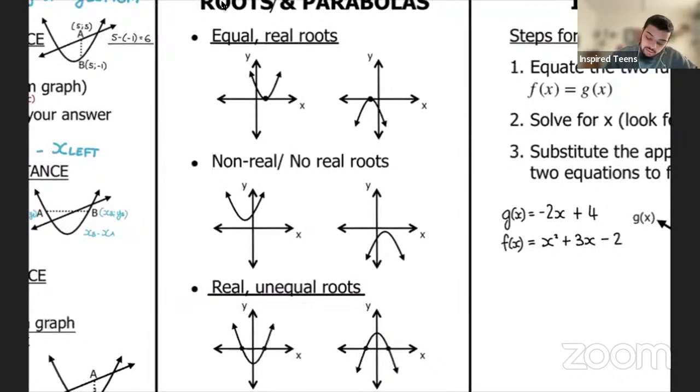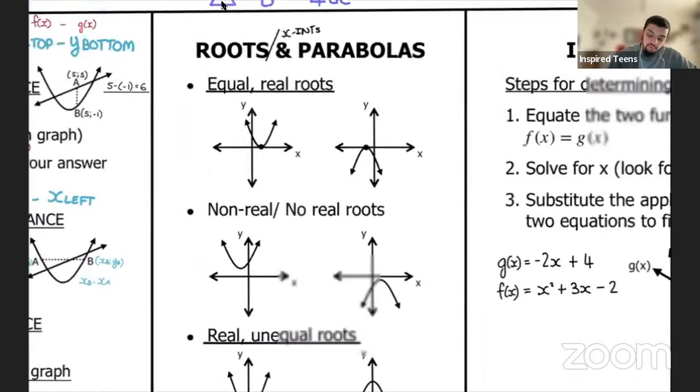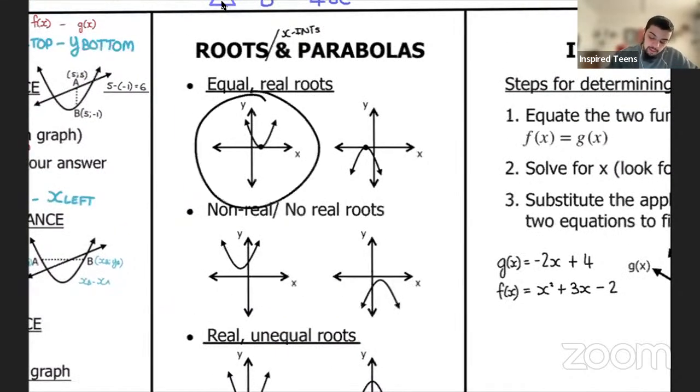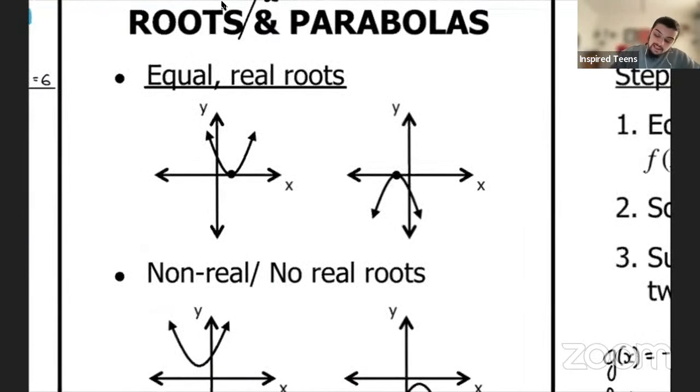So again, in the first one, we have equal real roots. Whenever we have equal real roots, that just means that in the parabola graph, we have one x-intercept. Technically we have two, and we say that they are equal because they are at the same point, essentially. So this is when the turning point is the x-intercept.